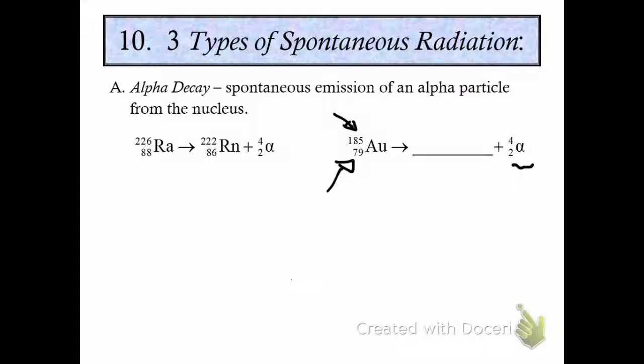So we know that its atomic number will go down by 2 and its mass number will go down by 4, which leaves us with iridium, element 77, with a mass number of 181. So radioactive decay can literally turn one element into a different element.